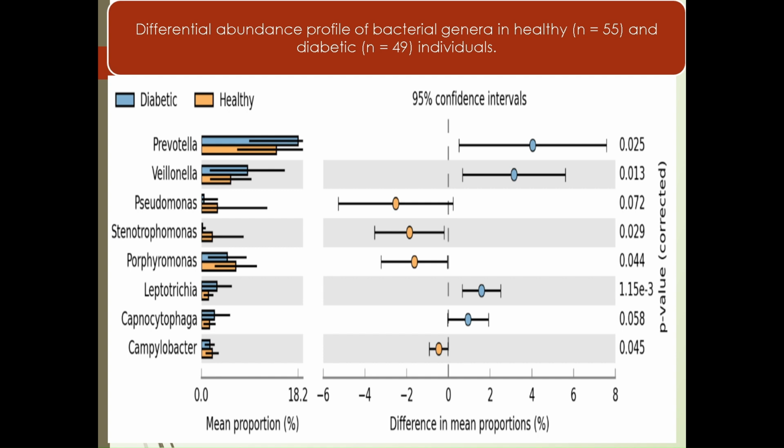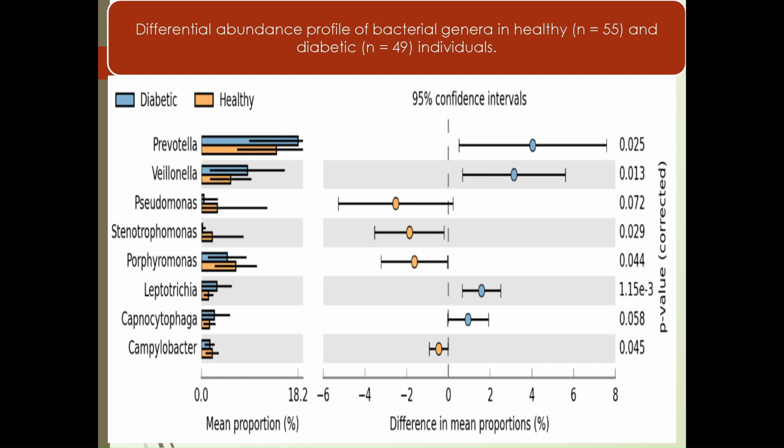We found that in diabetic individuals, bacteria related to the Prevotella genus are increased compared to normal individuals. Likewise, Veillonella genus bacteria are also increased in diabetic individuals compared to healthy individuals.